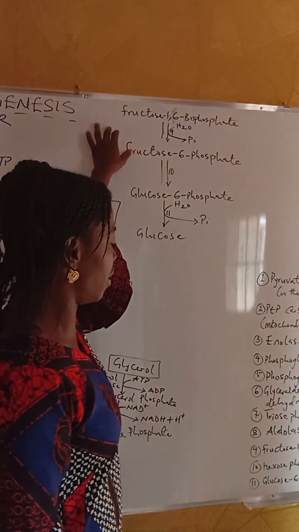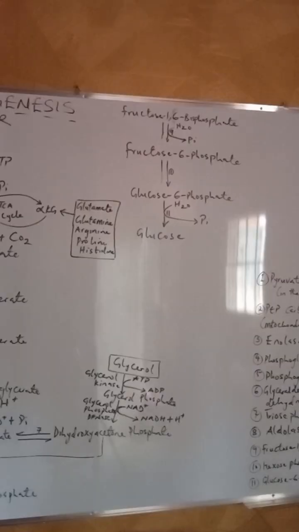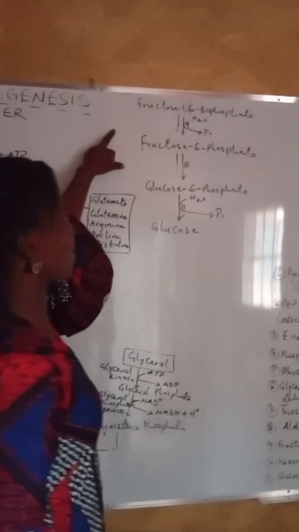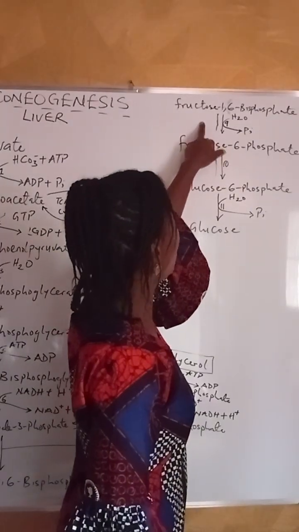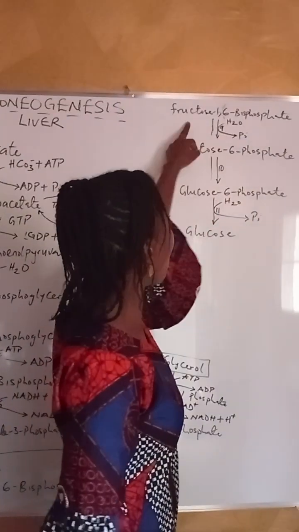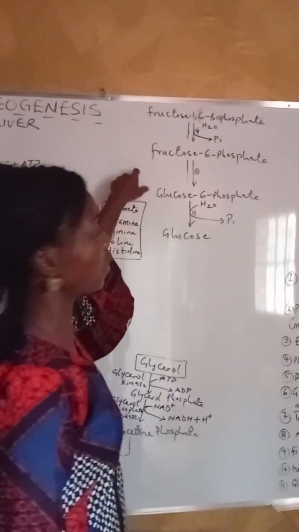Now the enzyme here at this point is not a glycolytic enzyme. Again, where there's a bypass of the glycolytic reaction, we have fructose 1,6-bisphosphatase acting upon this to remove a phosphate group to give us fructose 6-phosphate.